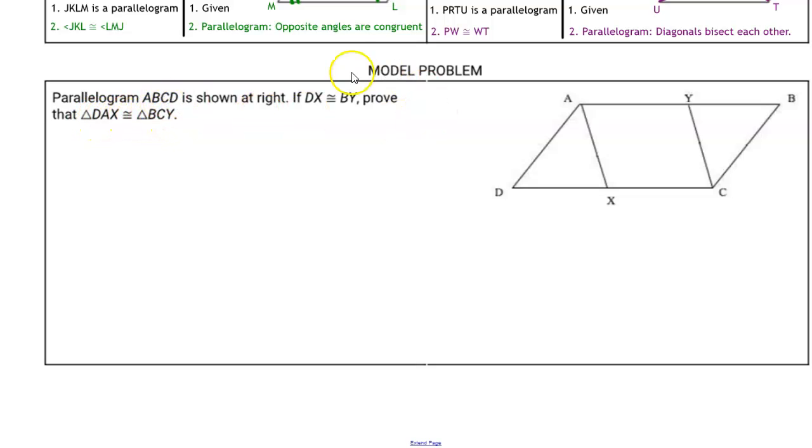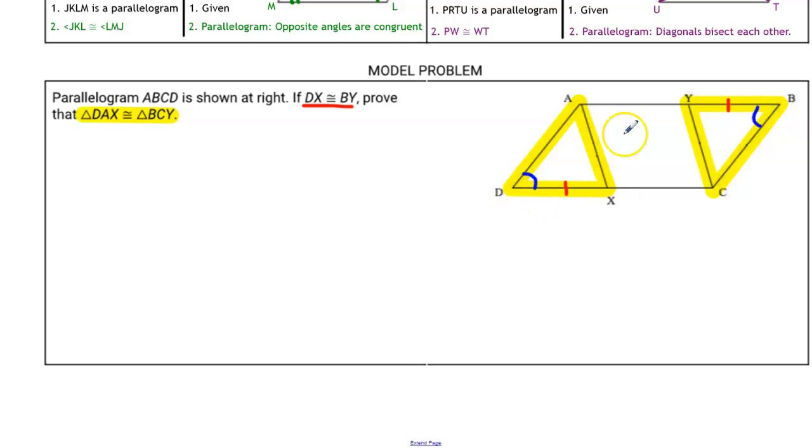So let's first label the diagram with what we know. We know that DX is congruent to BY. That means this line and this line, respectively, are congruent to each other. And since it's a parallelogram, we actually know two other things that are connected to these two triangles. We know that this angle, which is angle ADX, is opposite of this angle, which is angle CBY.